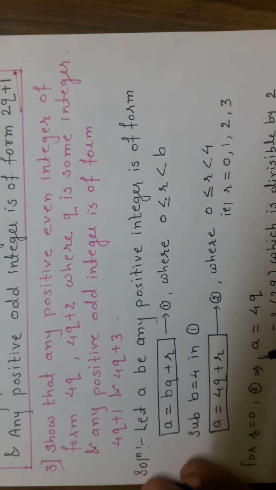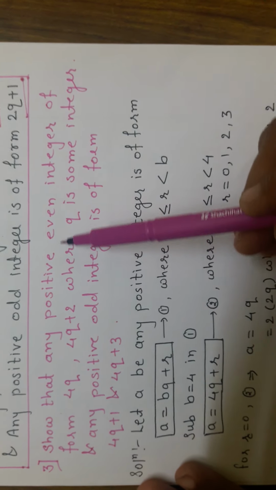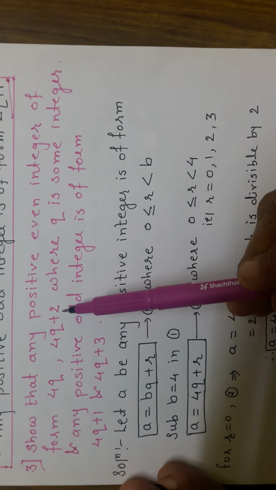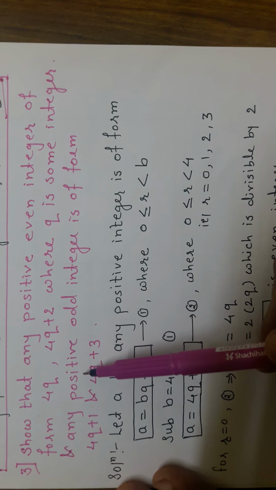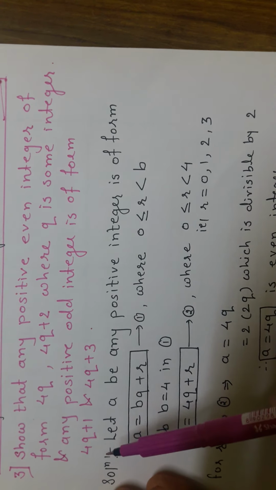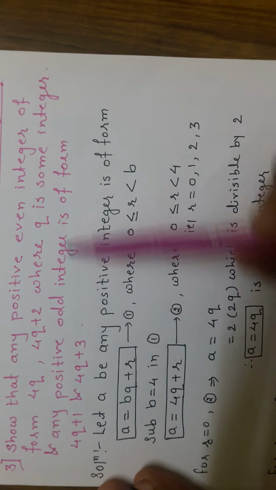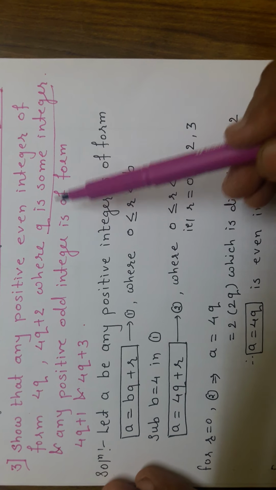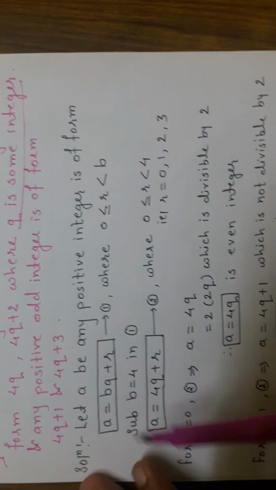Show that any positive even integer is of the form 4q plus 2, and any odd positive integer is of the form 4q plus 1 or 4q plus 3. q is some integer, which means the value of q we can take 0, 1, 2, 3 and so on.